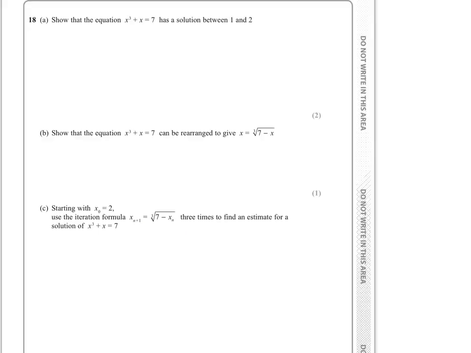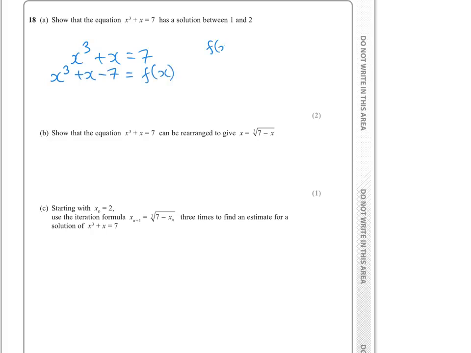Question 18. Show that the equation x cubed plus x equals 7 has a solution between 1 and 2. Well, I'm going to rearrange this equation and put it equal to 0, and then I'll call that f of x.